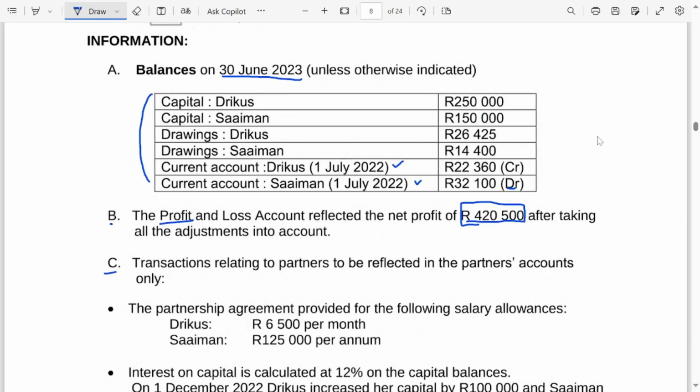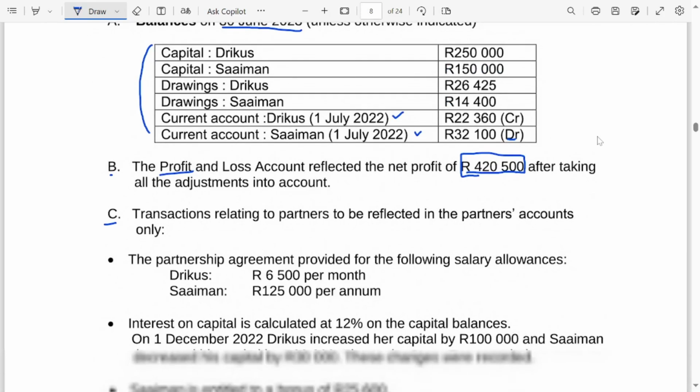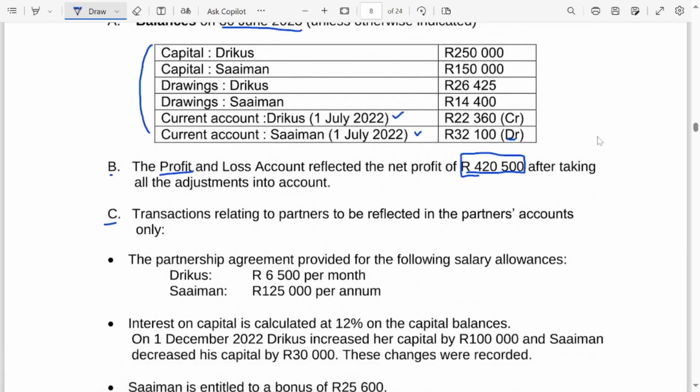Transaction C. The transactions relating to partners reflected the following in the partners account only. The first one, partnership agreement provided for the following salary allowances. So we have the one for Dracos and the one for the Seaman. So the salaries of the partners, we have to record them under the appropriation account.